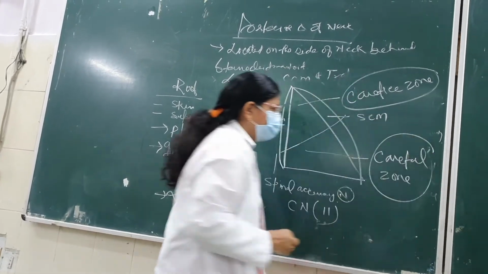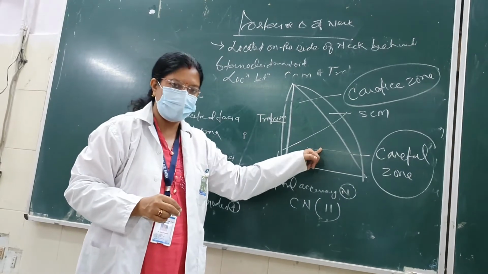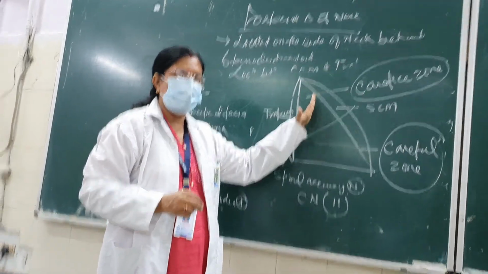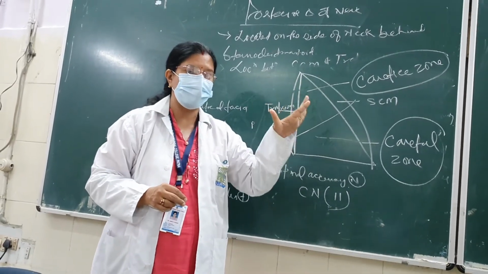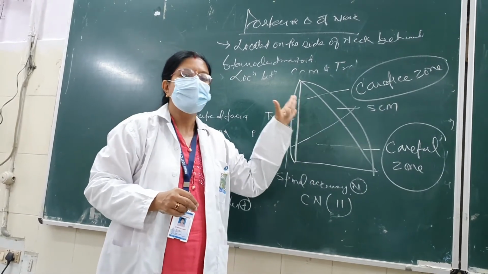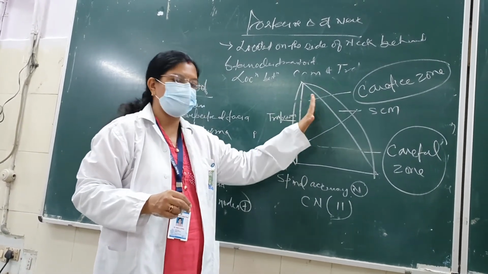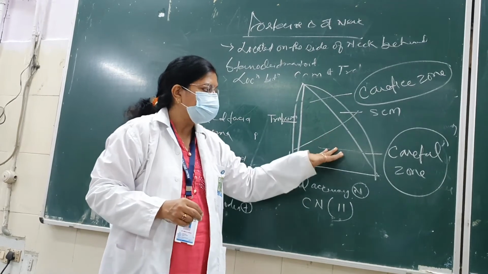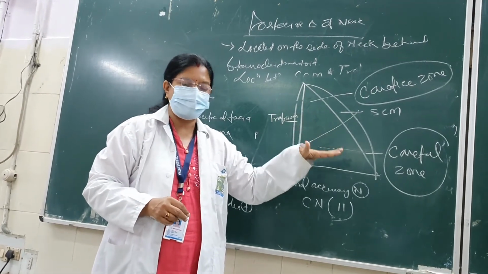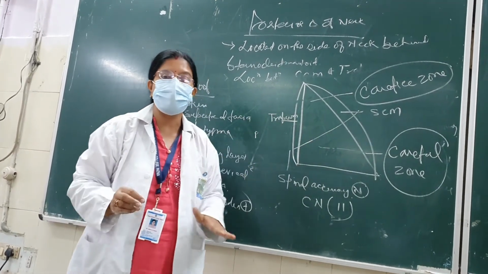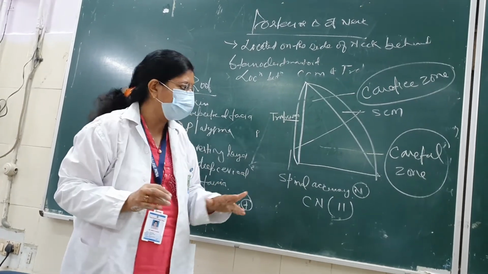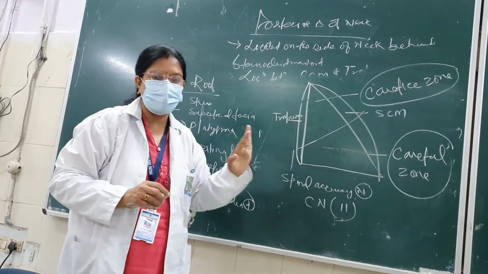So you should be very careful in this area, while you can relax in this area because nothing important lies in this structure. This is a relatively clear area. But here, many structures lie and you should be really careful about it. Okay? So that is one important point.